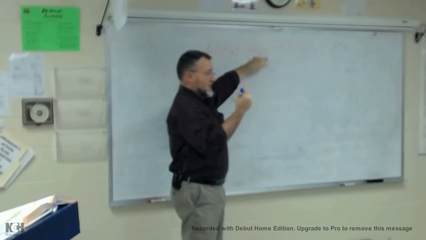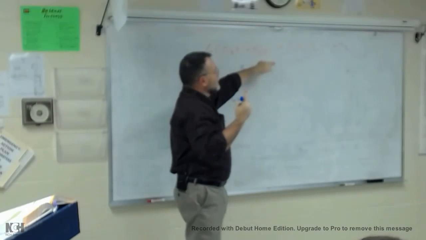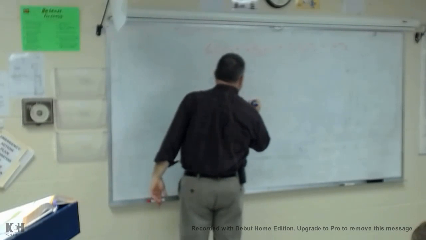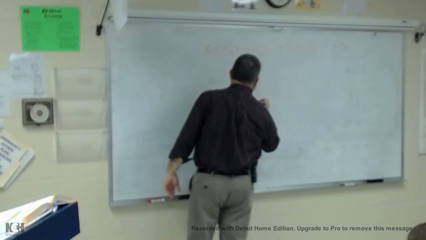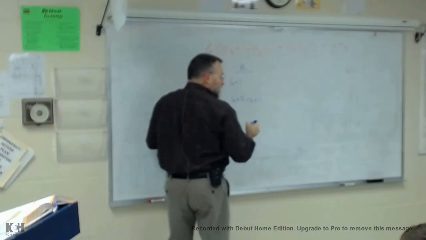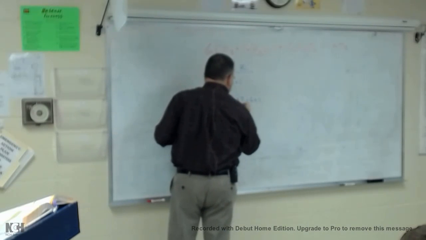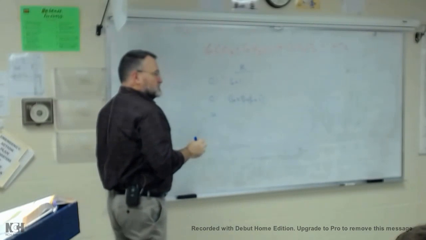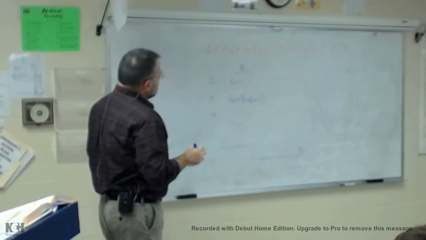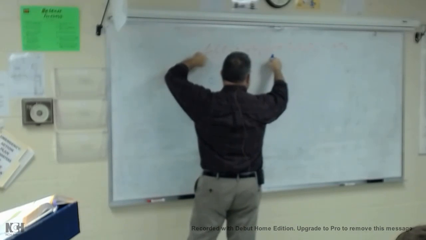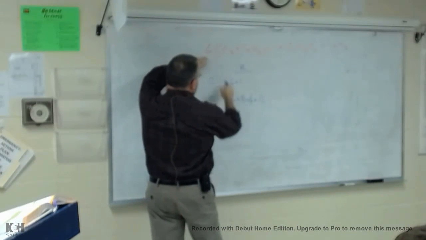How many atoms of oxygen are in each water molecule? 1. But I have 6 molecules at 1 per molecule. Remember your rules of math, order of operations, it's going to be that plus that. Don't get your order of operations wrong. Any more hydrogens or any more oxygens? No.